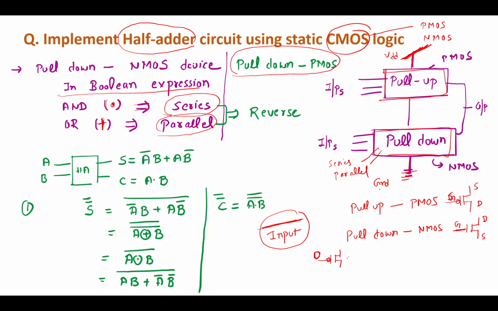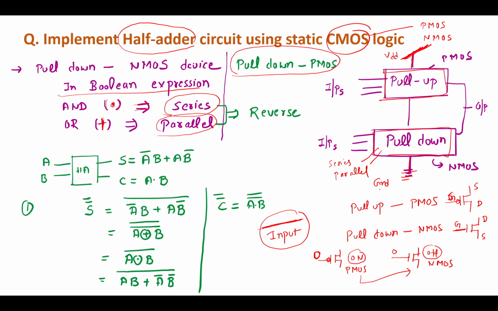But in case of the NMOS transistor, if the input is 0, the NMOS is off. So here the PMOS transistor is on, but this NMOS transistor is off. This is a reverse behavior, so in the pull up network the connection is opposite.